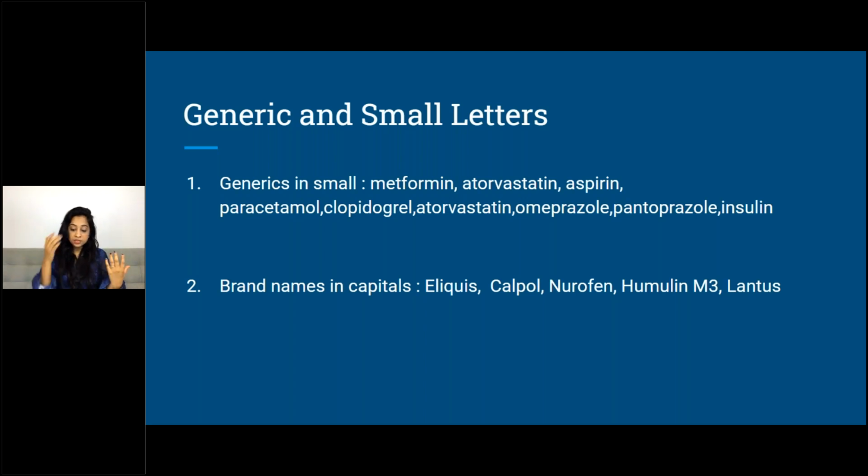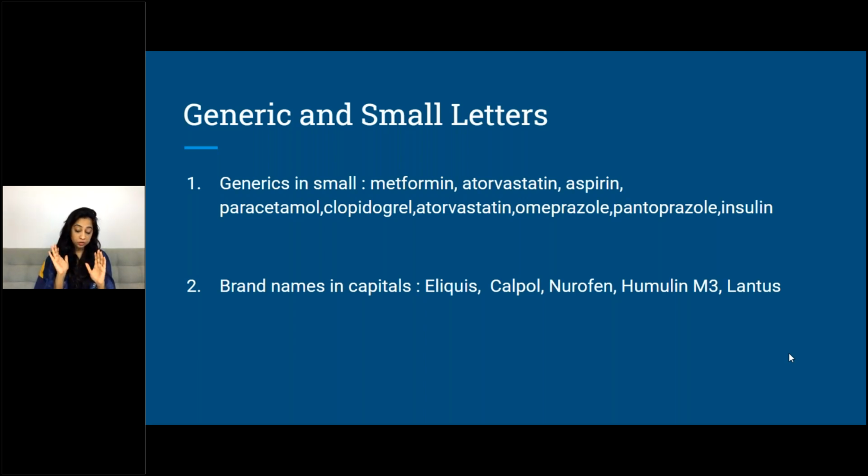A generic medication is what you ask for when you go into a pharmacy, and they'll give you the formulary name, like paracetamol. Lots of companies might be manufacturing paracetamol. When you ask your pharmacist for paracetamol, they'll give you the drug, but it might have certain names depending upon the company manufacturing it.